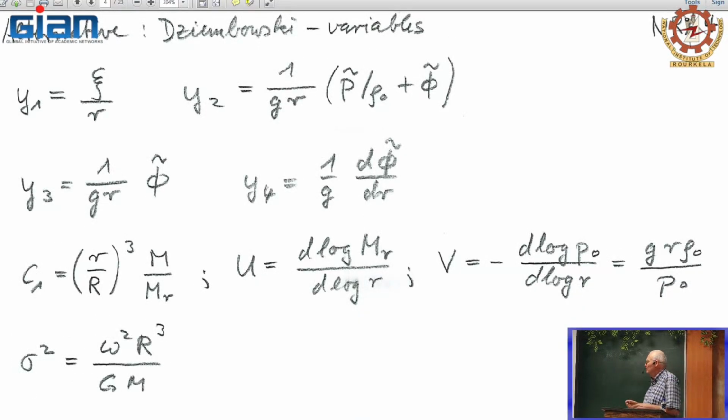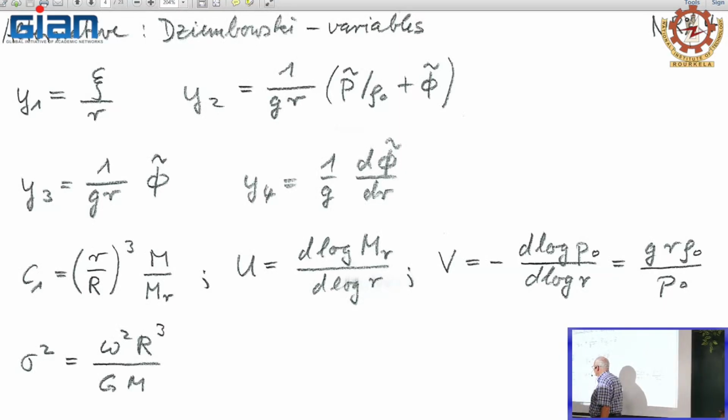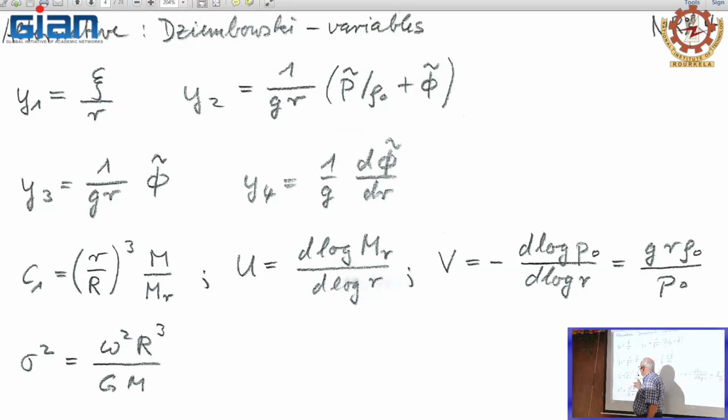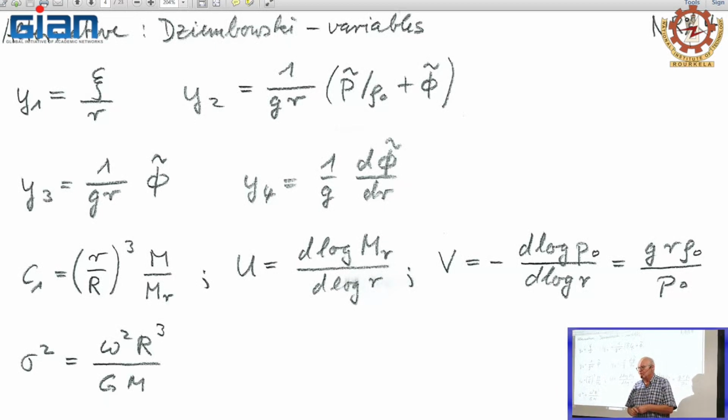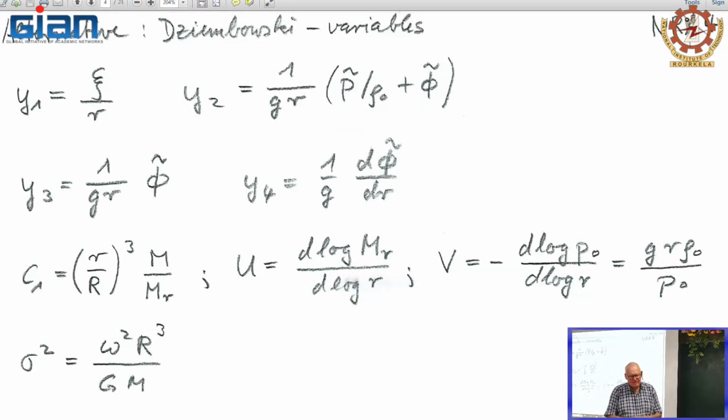So the background model is described here in terms of a coefficient C1, which essentially describes the stratification of mass, and then U is also describing somewhat the distribution or the stratification of mass, whereas the coefficient V describes essentially the pressure gradient, or the logarithmic derivative of the pressure gradient.